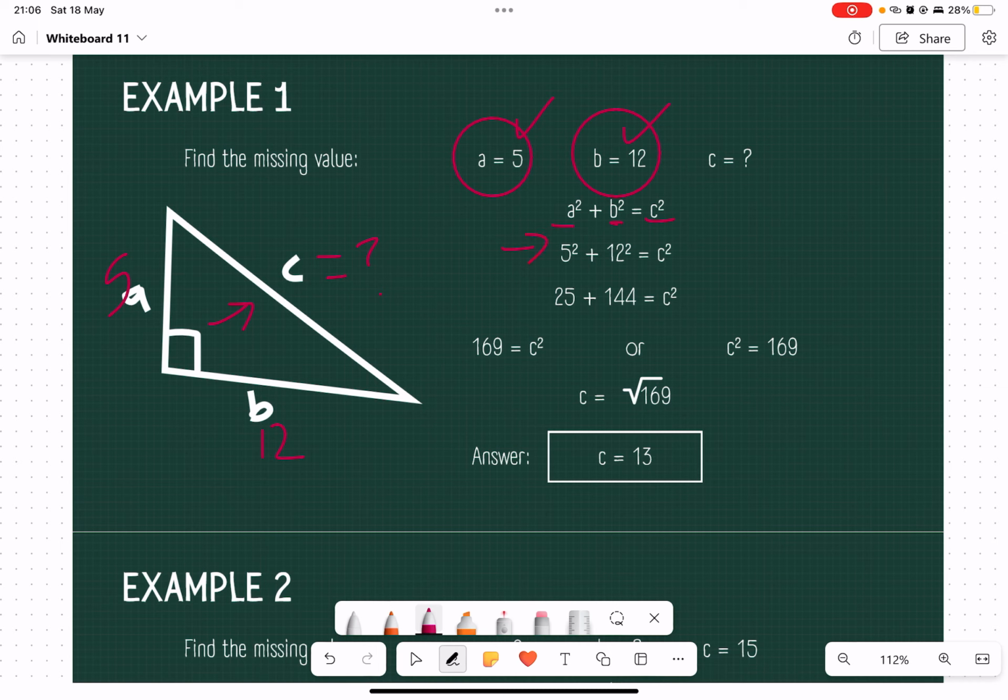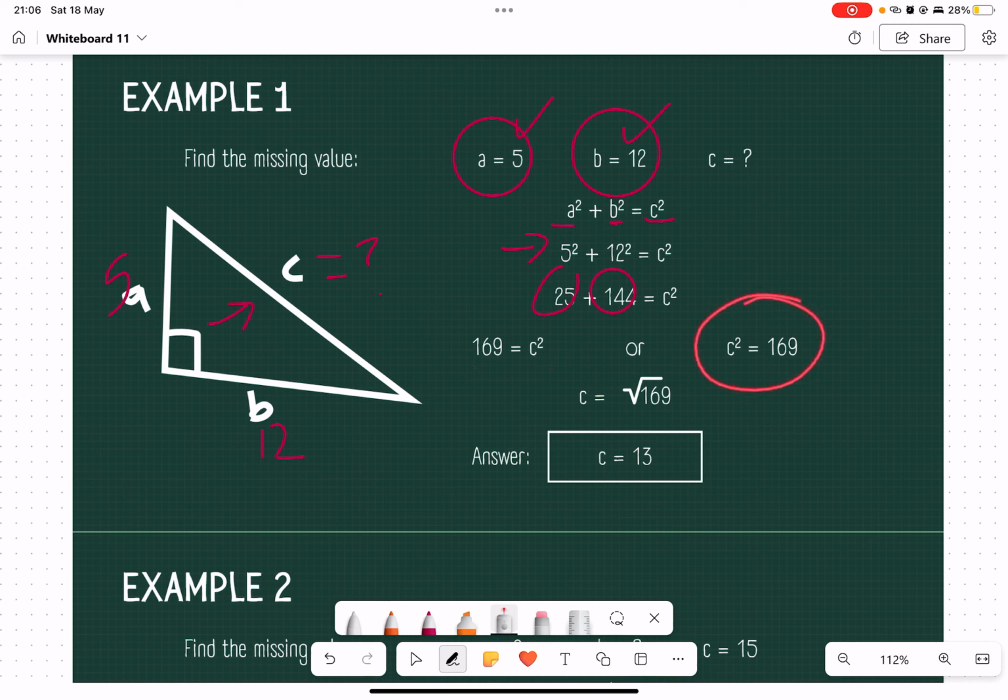And then 5 squared becomes 25, 12 squared becomes 144, which is equal to C squared. When you add 25 and 144, you get 169. So we can say 169 equals C squared.